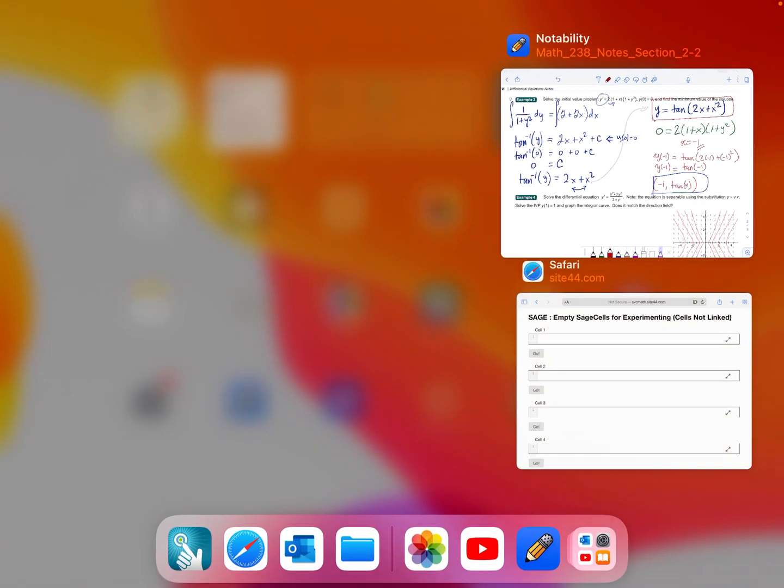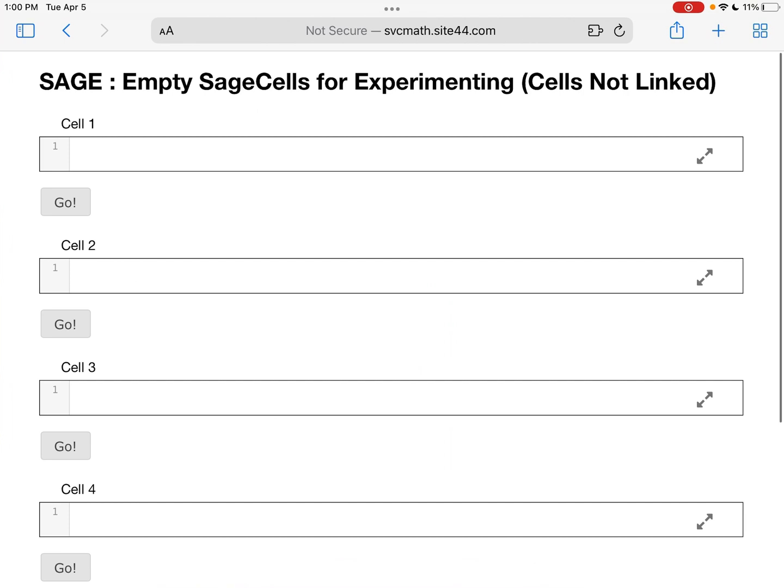Sage Math is up and running, so I'm going to solve it on Sage Math. We want to plot our solution, which was the tangent of 2x plus x squared, for x between, let's go from -3 to 1, to see what we end up getting.